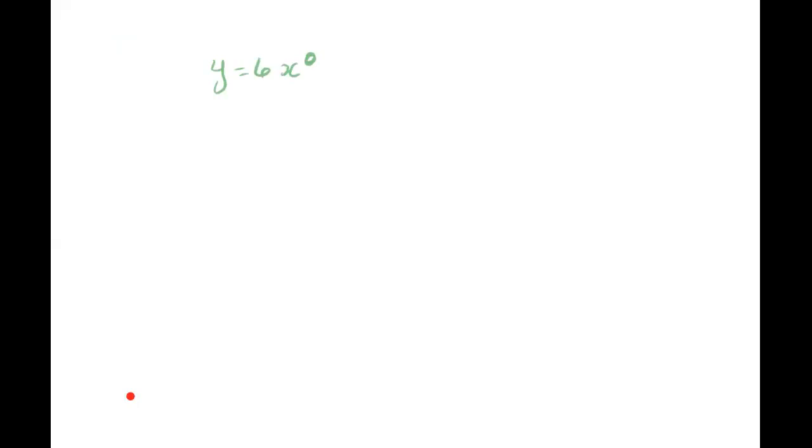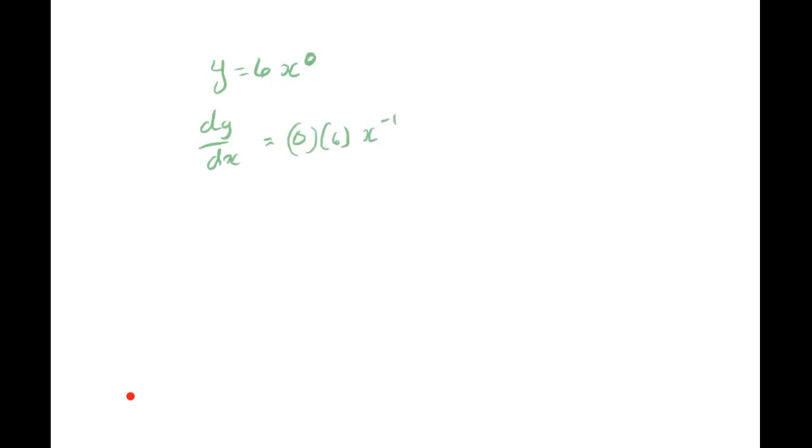So we've still got just 6. Therefore, dy by dx is equal to, we bring 0 down, multiply it by the 6, x to the minus 1.